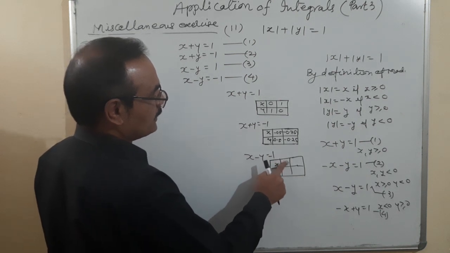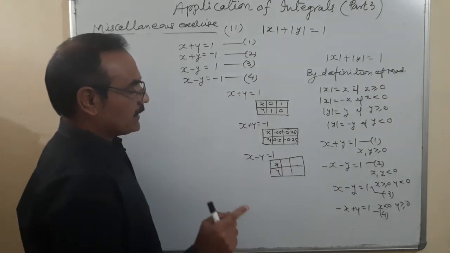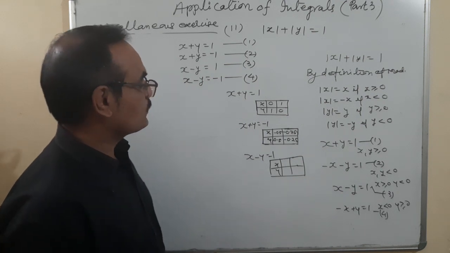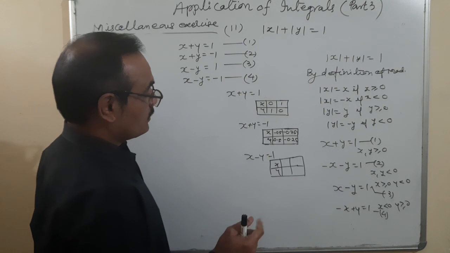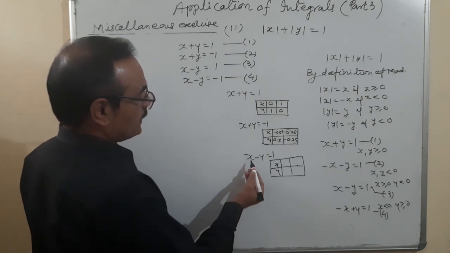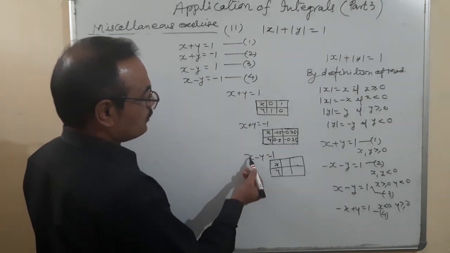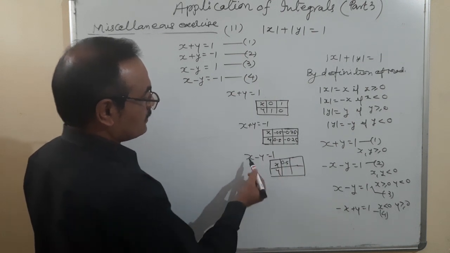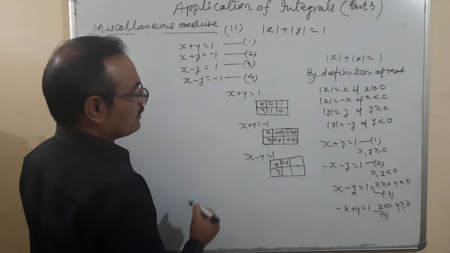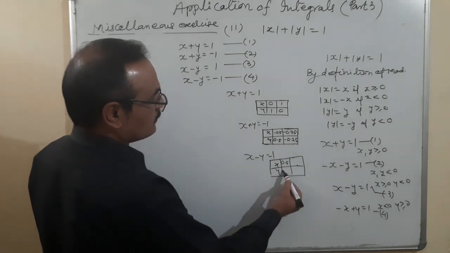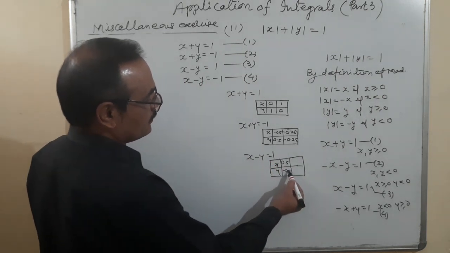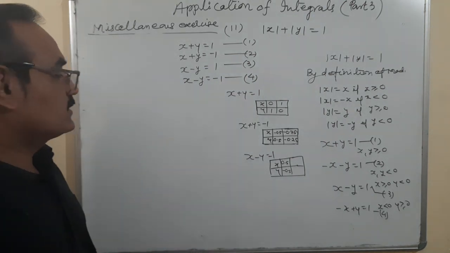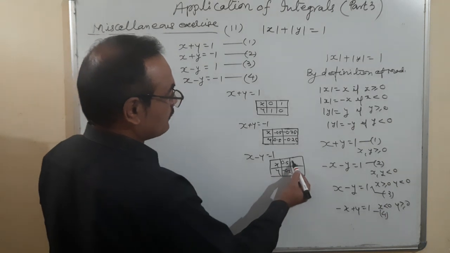No, we are taking the value in which x is greater, but y is not greater than 0. So I can take here x suppose 0.5, 0.5 minus 1, minus 0.5. And I'll take x 0.75, minus 0.25.